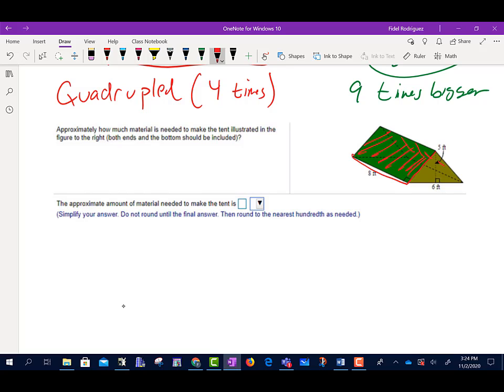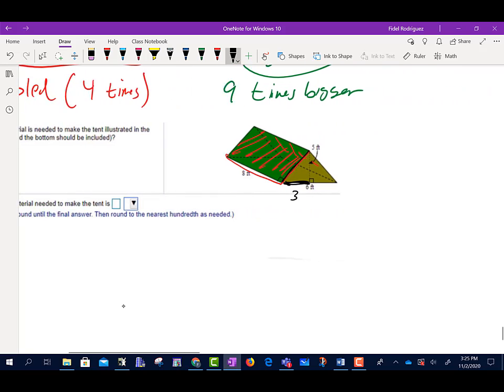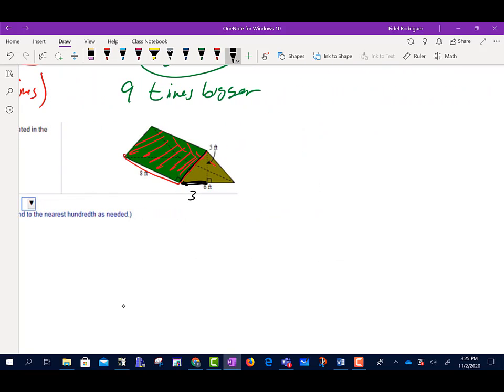What I don't know right now is this piece. So couldn't we use the Pythagorean theorem? If we know that this whole distance here is 6, then from here to here, it's going to have to be 3. So if I wanted to find this distance here, that would be my hypotenuse. So I'm going to move this over here so I can do this on the side. Remember, my Pythagorean theorem, a squared plus b squared equals c squared.